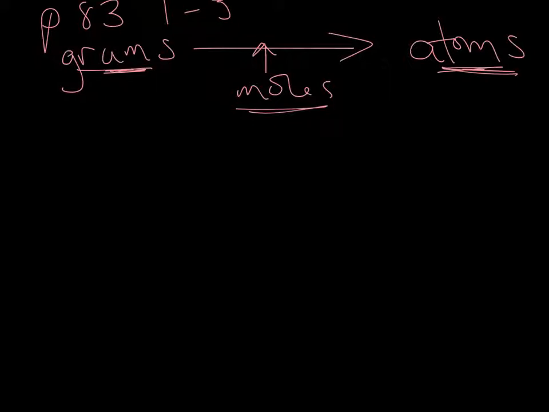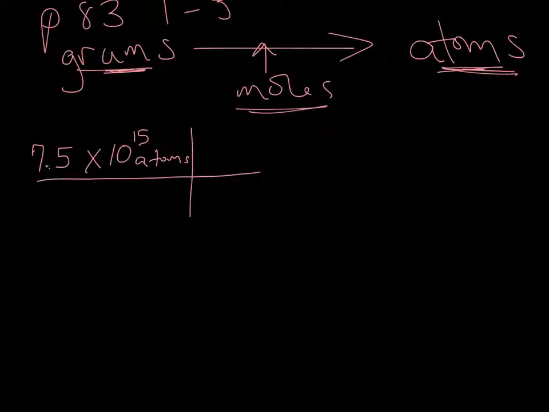Number 1, what is the mass in grams? So I'm going to start with what I'm given, which is 7.5 times 10 to the 15th atoms. I'm trying to be very careful with my writing here, with my space availability, because we have to do 2 steps here. And where we're trying to go is atoms to grams, or the opposite direction.